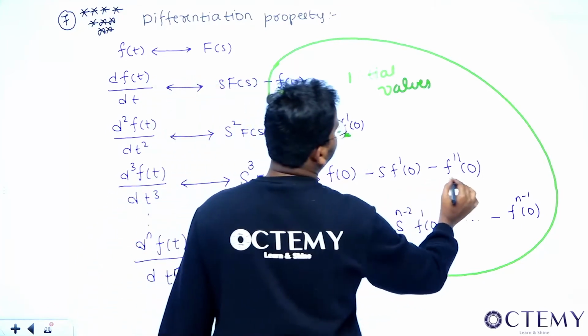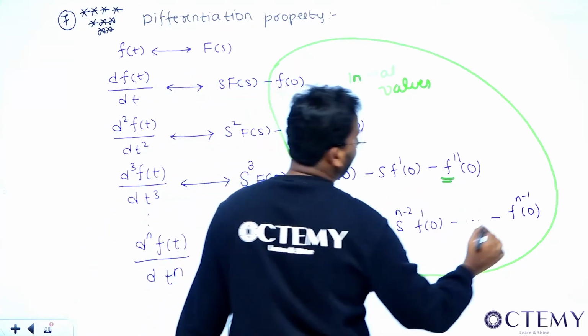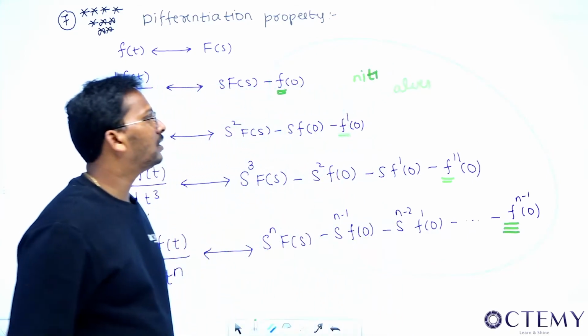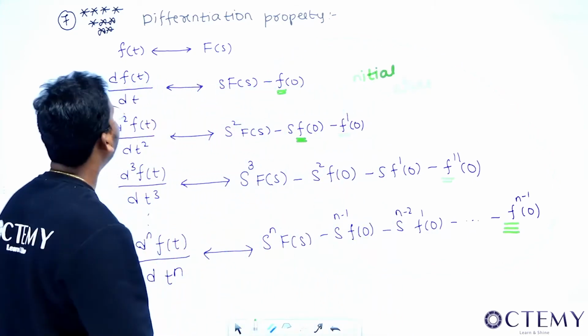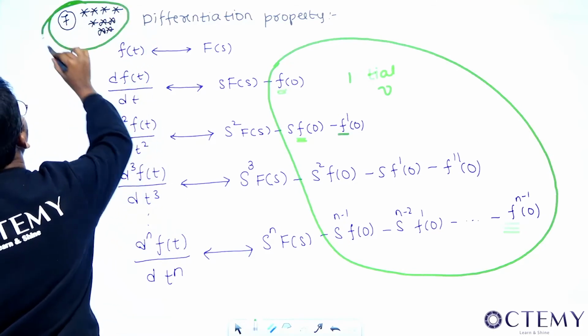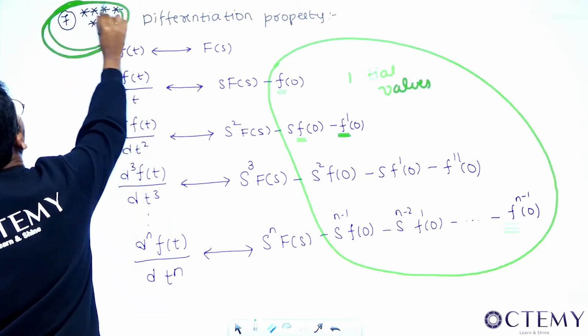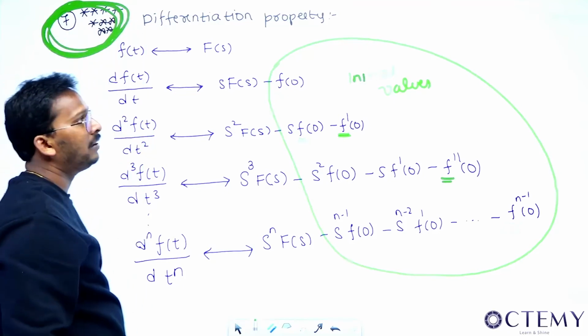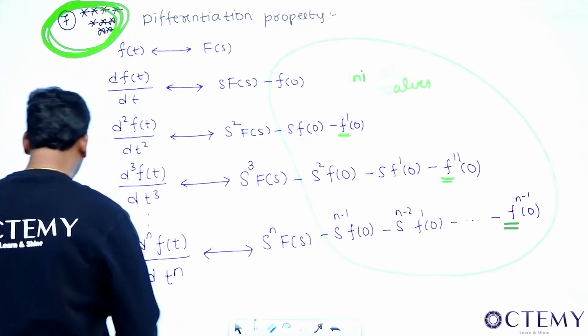Double differentiate f of t, then put 0. Differentiate n minus 1 times, then put 0. These are called initial condition values. This is the differentiation property. Whenever we want to find the transfer function of a system whose differential equation is given, I will be using this property very rigorously. Very good, sir. Next, let me go to the integration property.